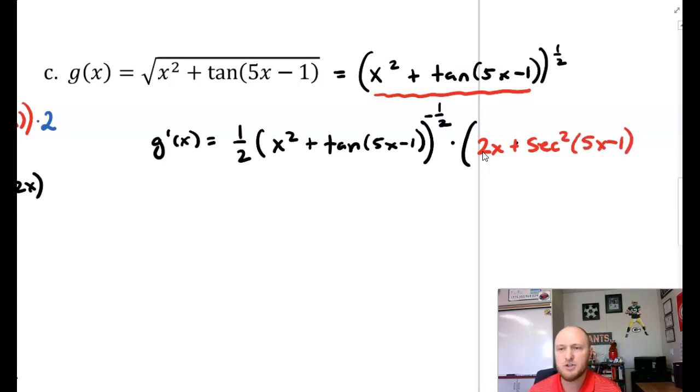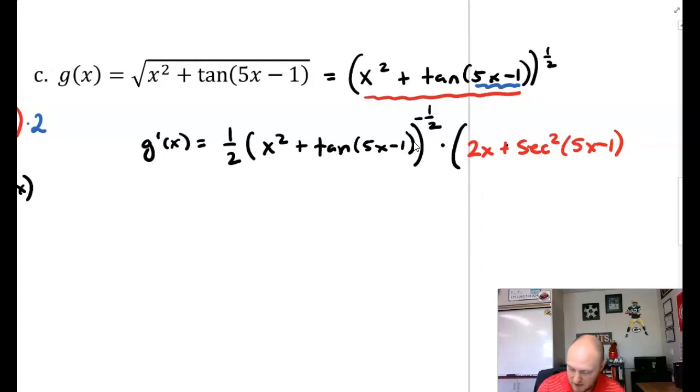And I'm not done with the derivative of tangent because I have another function inside of this. The derivative of 5x minus 1 is a 5. And that only applies to the secant squared. The derivative of this inside has nothing to do with this 2x.